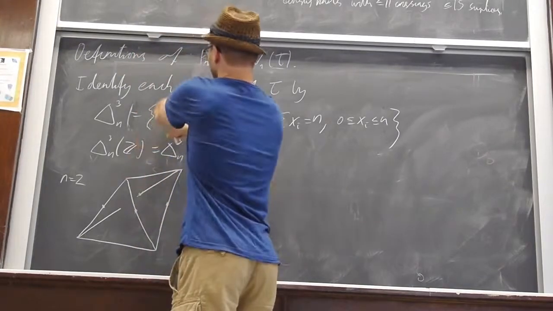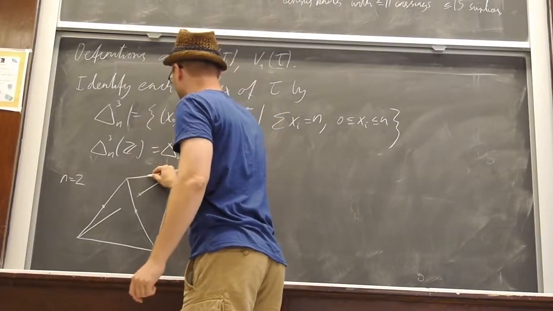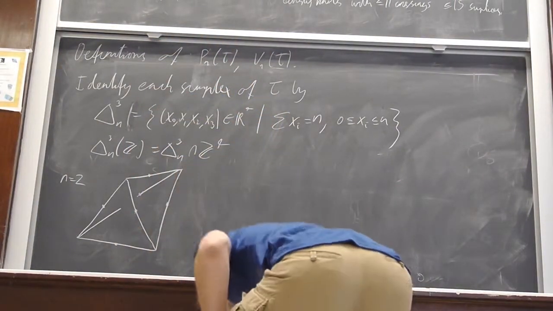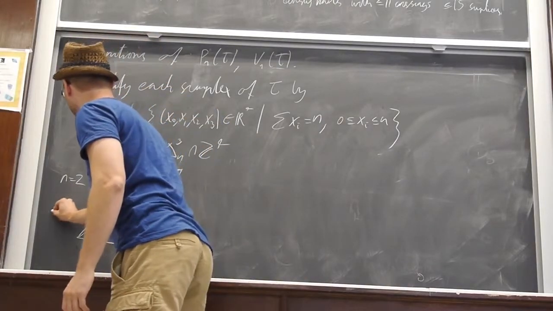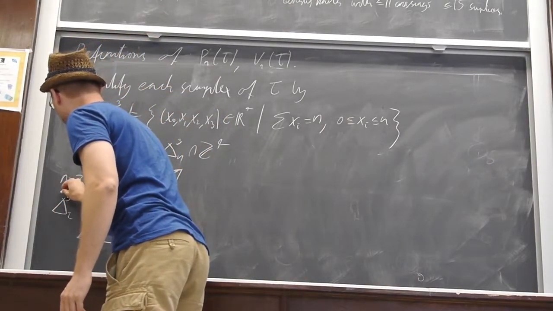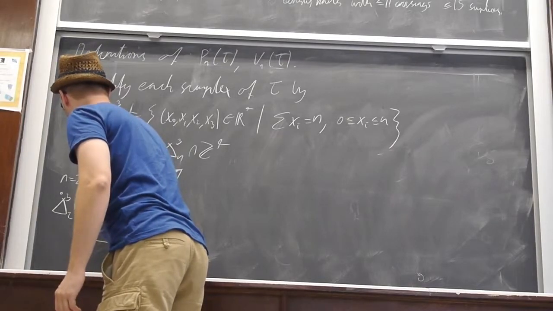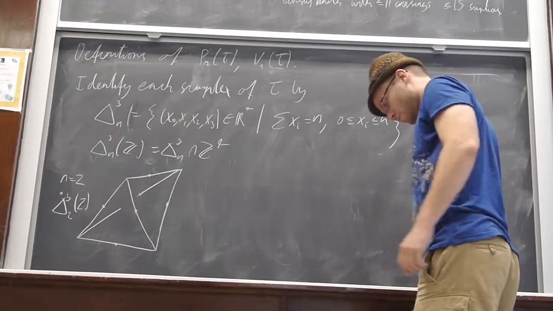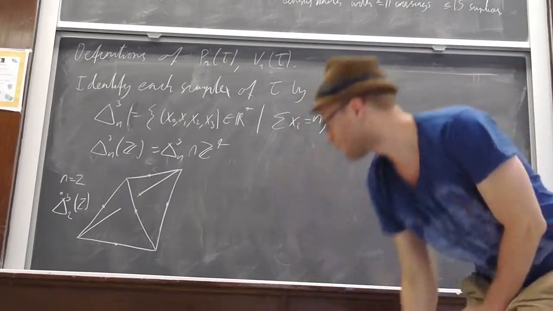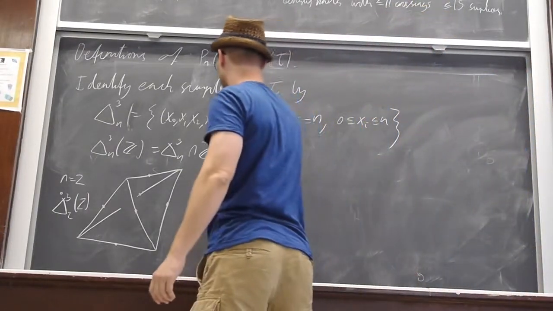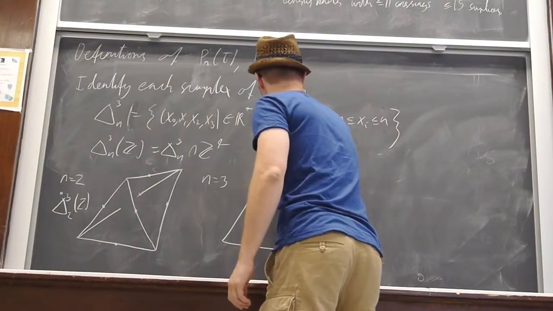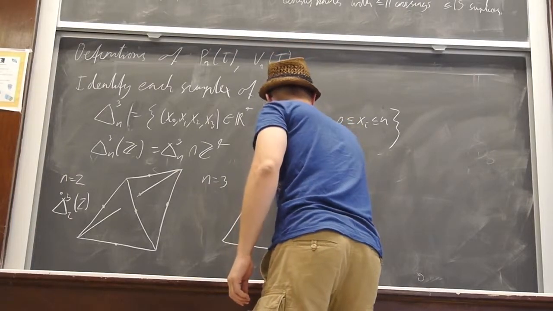I guess you can also have the corners where some of them are 2. So this is the ideal one, and that consists of these 6 points. Now n equals 3. Let me try to draw it also with n equals 4.